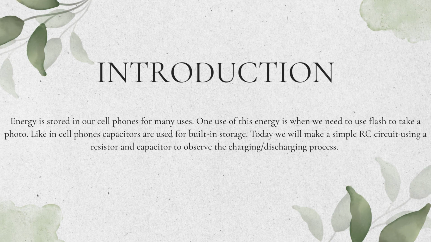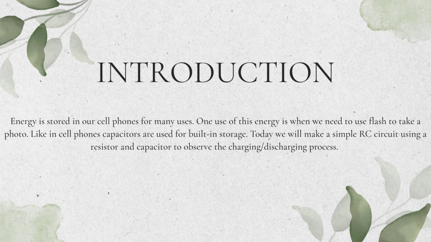In our experiment, we recreated that idea with a simple setup using a resistor and a capacitor. When the capacitor charges, it's like filling up a little energy tank. Electrons build on one plate, and the voltage across the capacitor starts to rise.